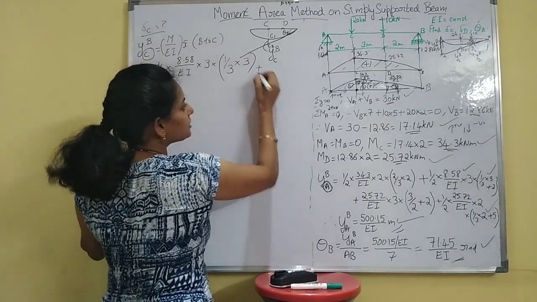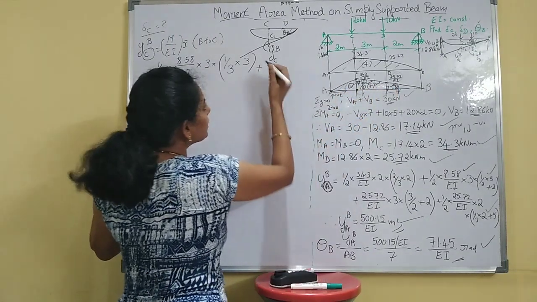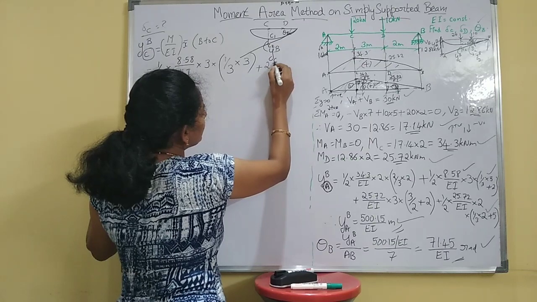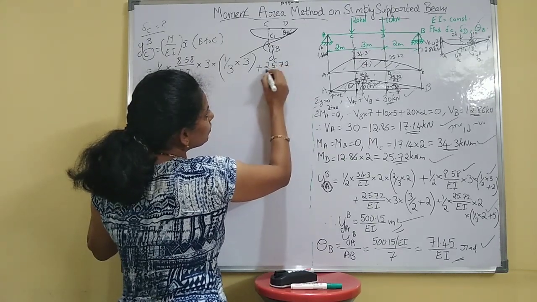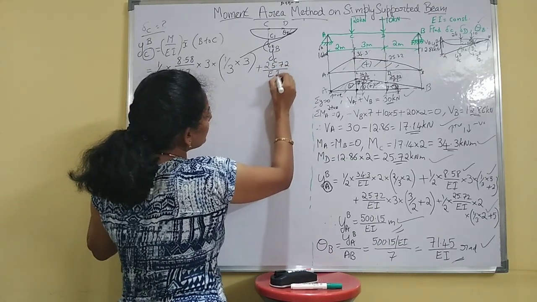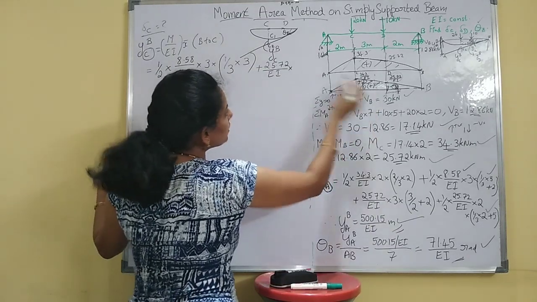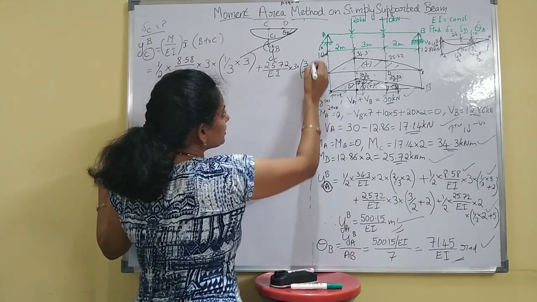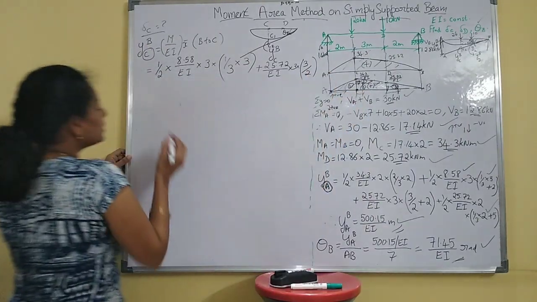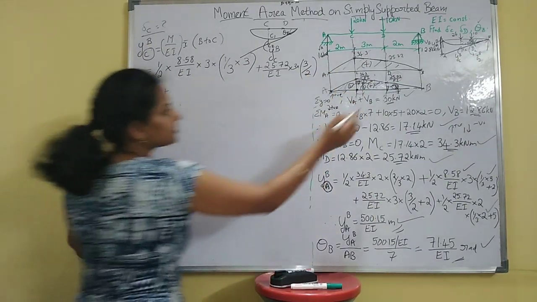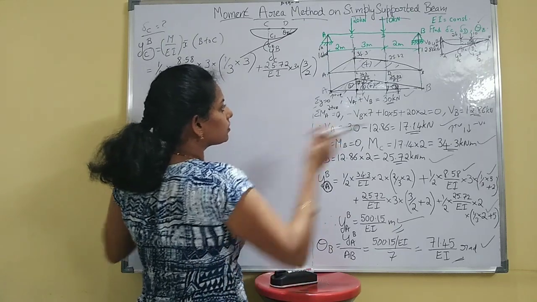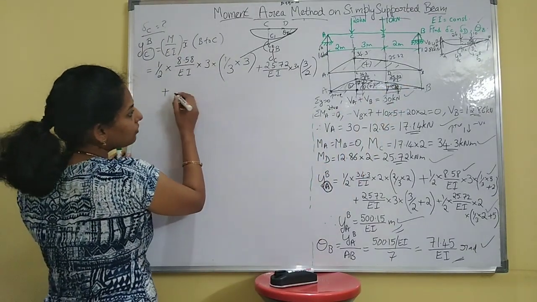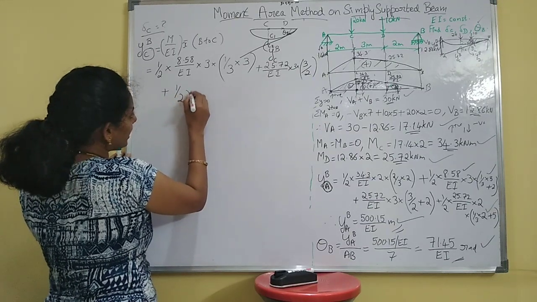Okay, next this rectangular part you have 25.72 divided by EI into distances 3 and 3 by 2 with respect to C. Okay, next last one, this region, this part. So for that you have half into, it is a triangle.